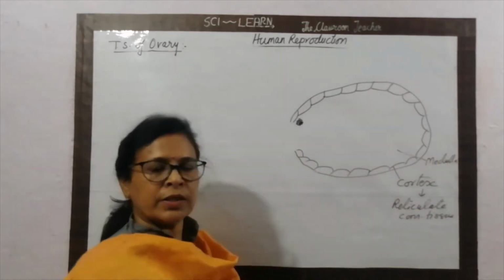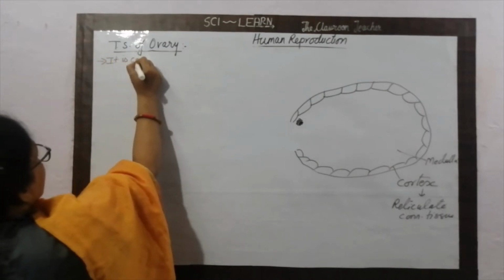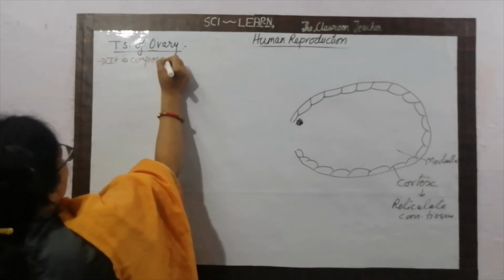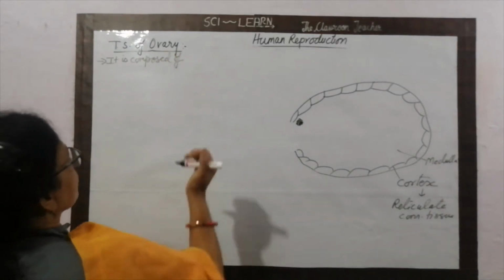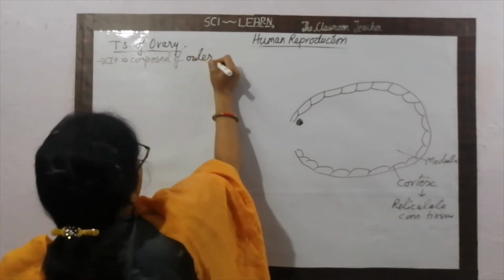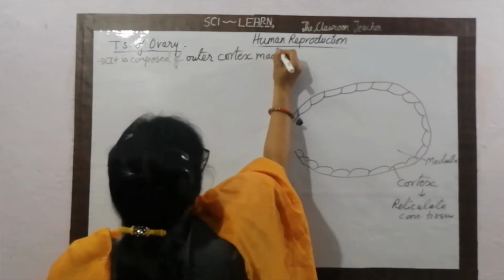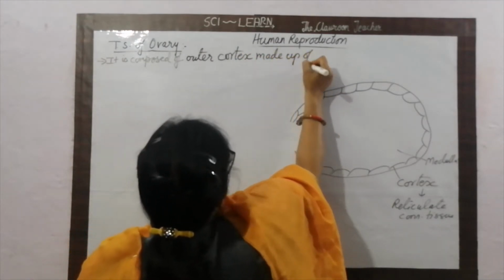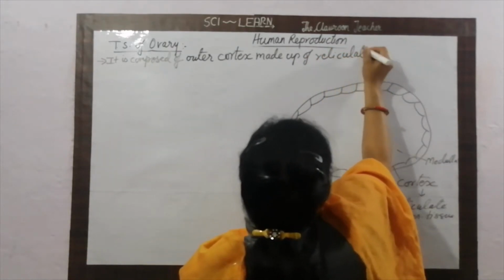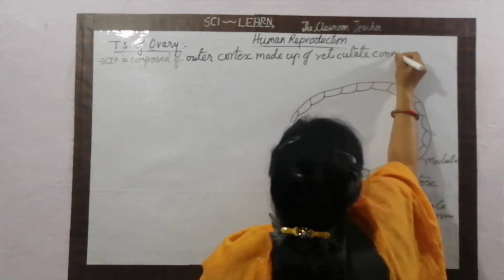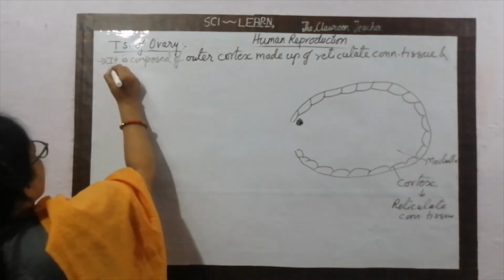Actually, the ovary is composed of two layers: the outer cortex made up of reticulate connective tissue, and the inner medulla.